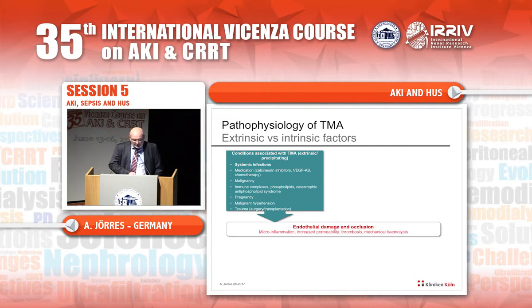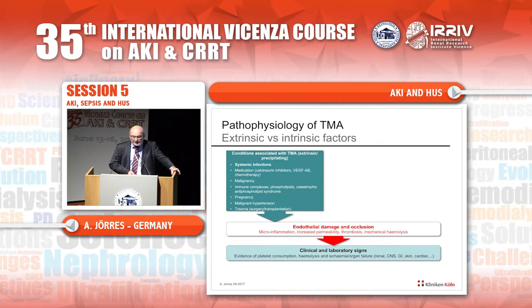All these lead to endothelial damage and occlusion, subsequently to microinflammation, increased permeability of the vessels, thrombosis, and mechanical hemolysis. And ultimately, we'll find the clinical and laboratory signs of platelet consumption and organ failure.